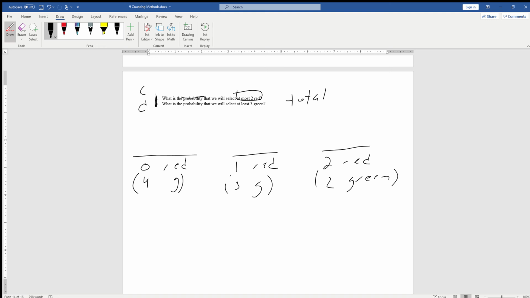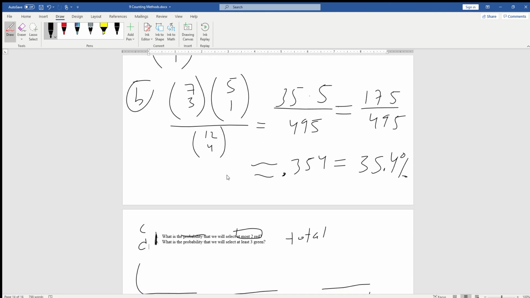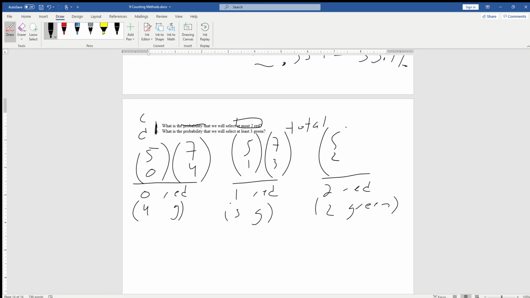Recall that there are 5 red marbles, of which we want 0. There are 7 green marbles, of which we want 4. 5 choose 1, 7 choose 3, and then finally 5 choose 2, 7 choose 2.